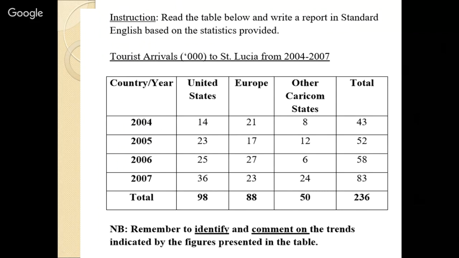Taylor, we're looking at expository discourse, which is section B. And so statistical reports is a form of report, which comes under expository writing. Good. So remember we said the significant figures are the highest figures and the lowest figures. So when we look at it, 36 in this category would be the highest, right? And the lowest would be 14. So these two are the significant figures.